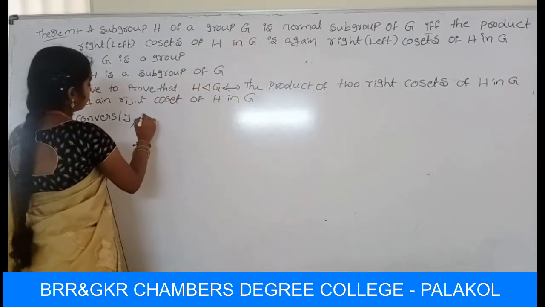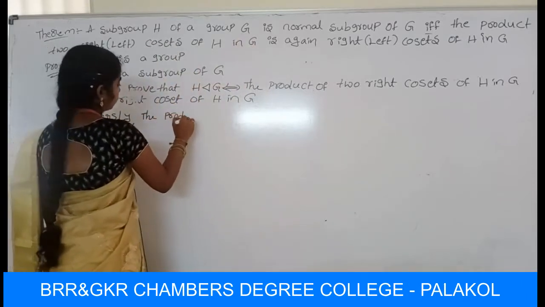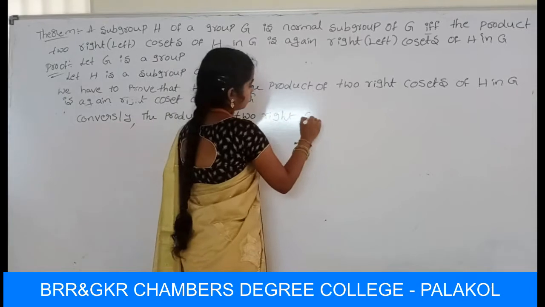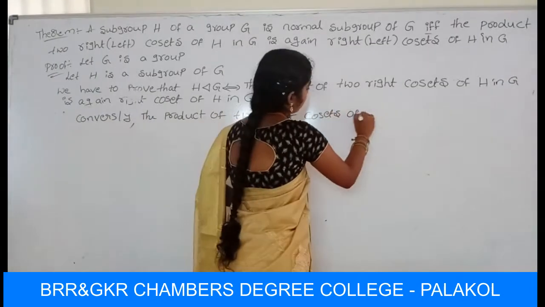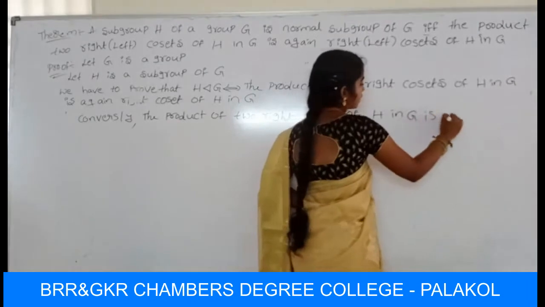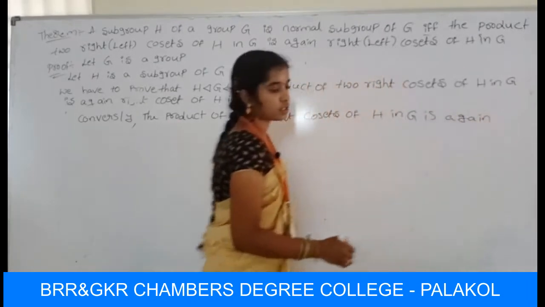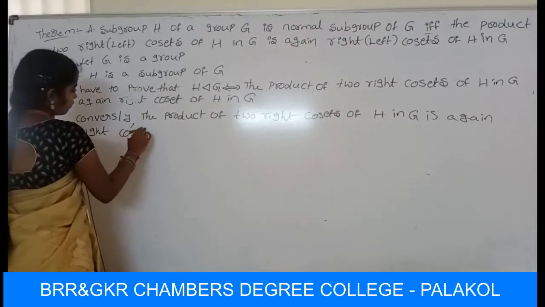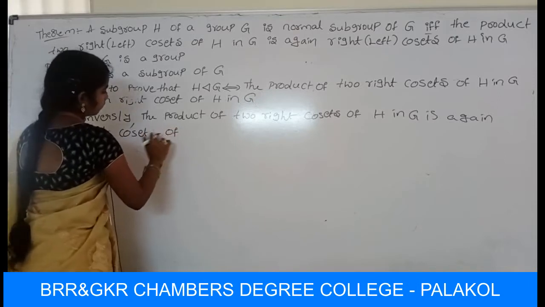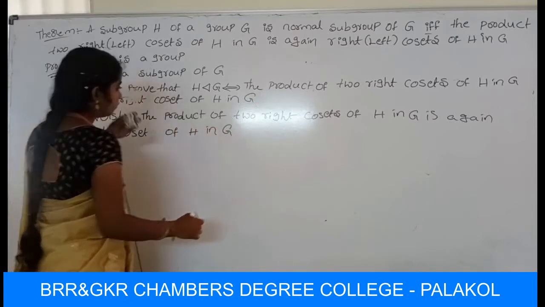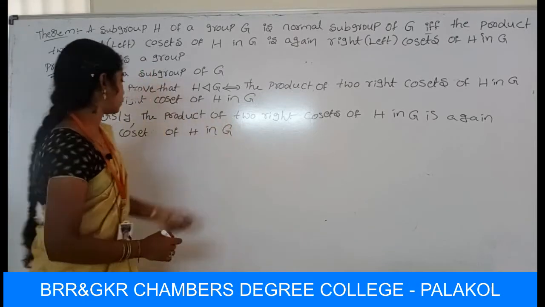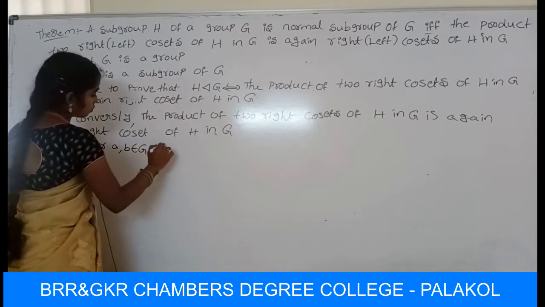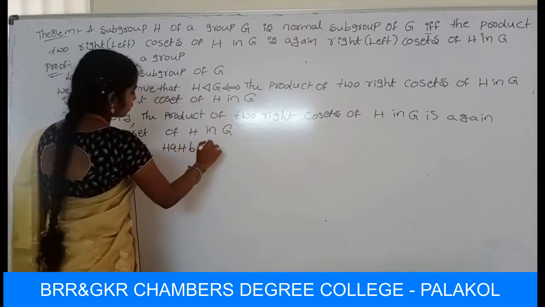So conversely, the product of two right cosets of H in Z is again a right coset of H in Z. So that means for a, b belonging to Z, HA HB is equal to HAB.